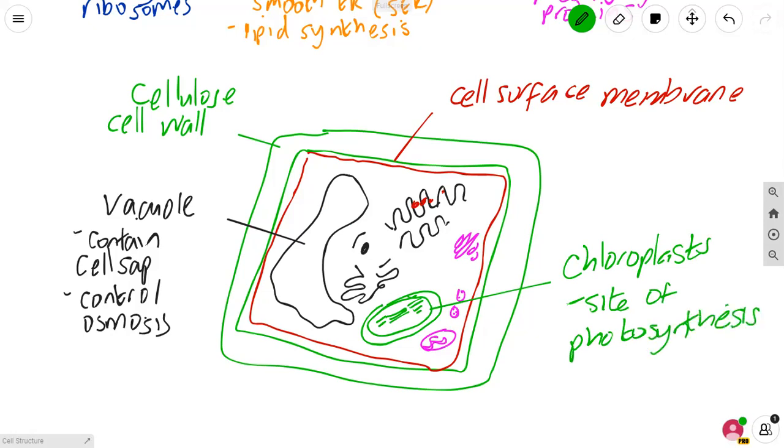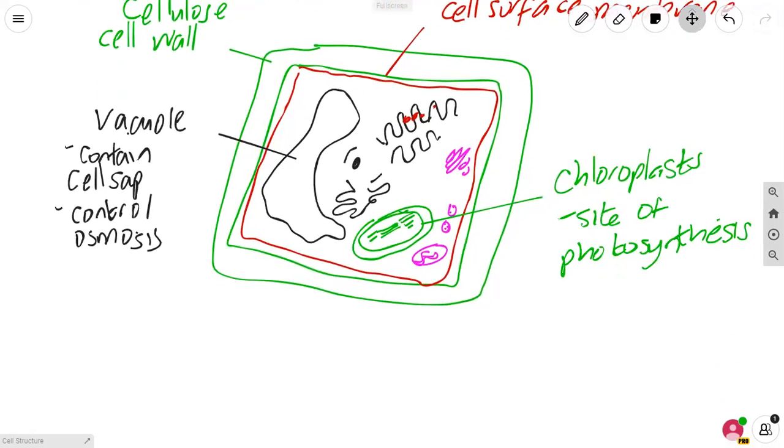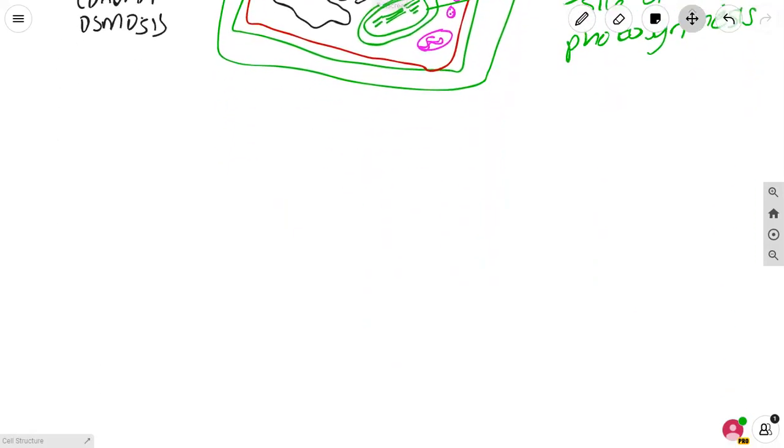When you're looking at micrographs, in other words, TEM pictures of animal cells and plant cells, look in the plant cells for the presence of the chloroplast, which will be bigger than mitochondria. You can tell the difference between a plant cell and an animal cell by the presence, obviously, of the chloroplast and of a cell wall. Remembering that there will be some plant cells that won't have chloroplasts, like root hair cells, for example.